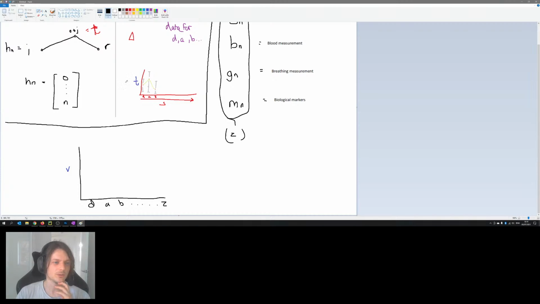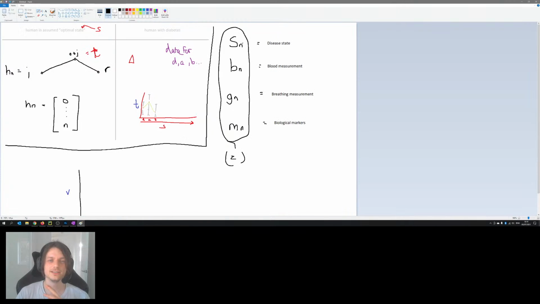So yeah, here's the problem. T would be the time of the disease state, or the time of neurological. Oh no, but would it change?